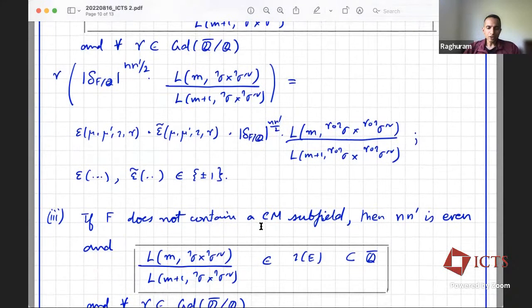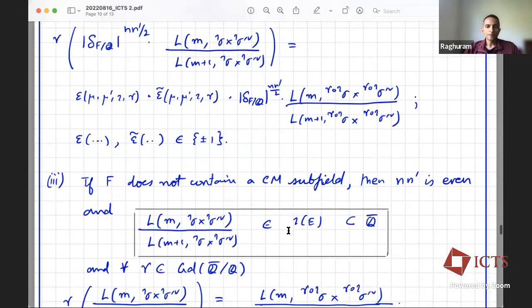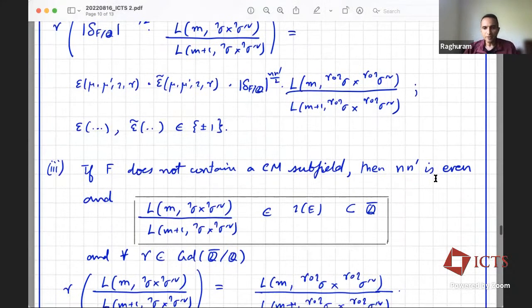However, if F does not contain a CM subfield, in other words, there's only a totally real subfield, there's no totally imaginary quadratic extension of a totally real, then necessarily this n times n prime is even. So this excludes, for example, the situation of just the L function of a Hecke character.